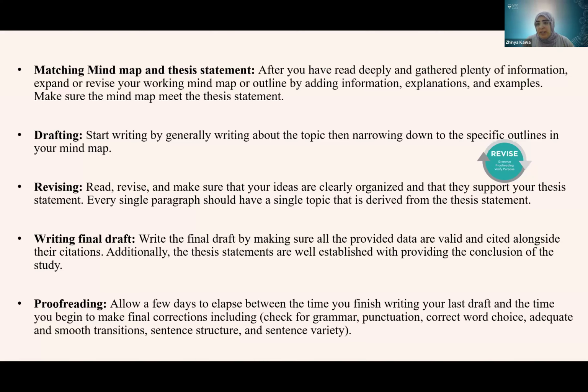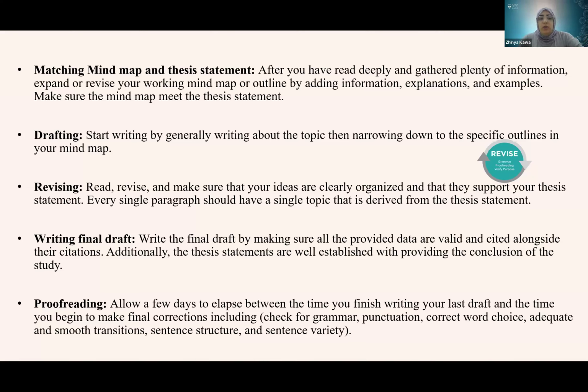So this is really a big problem, and it will ruin your work, and you need to repeat your work again, because there's no alignment with the mind map they just drew up and the thesis statement or the research question. So take care about that.